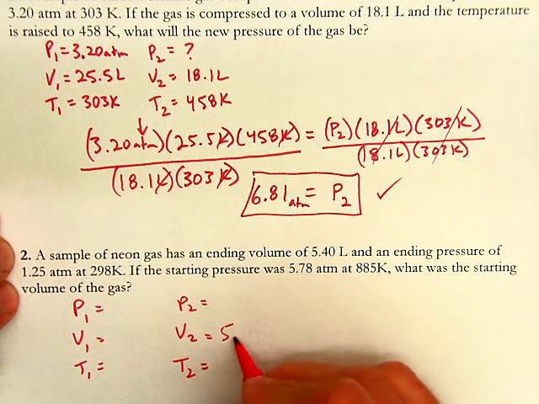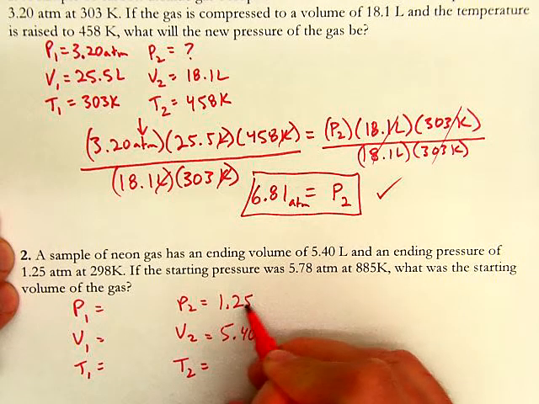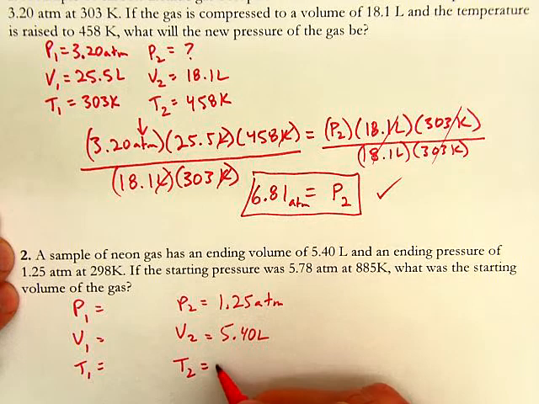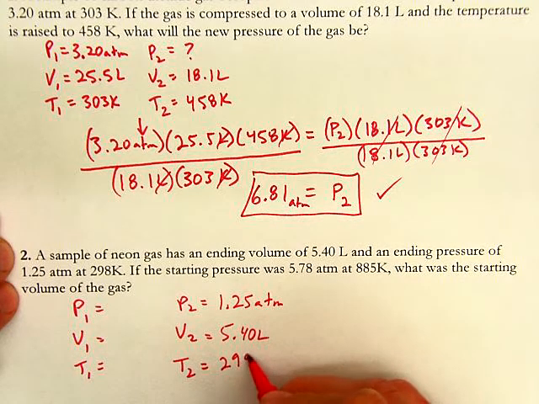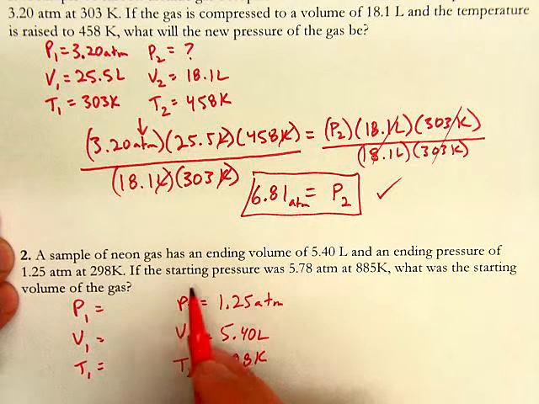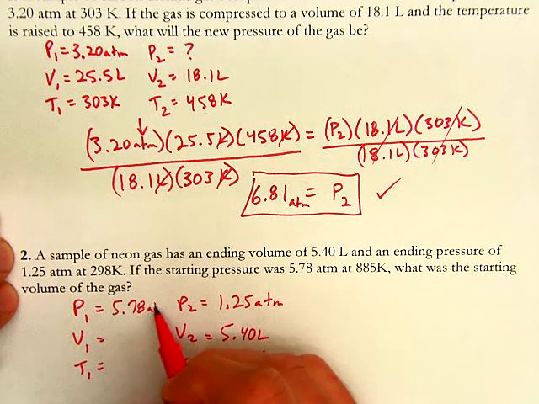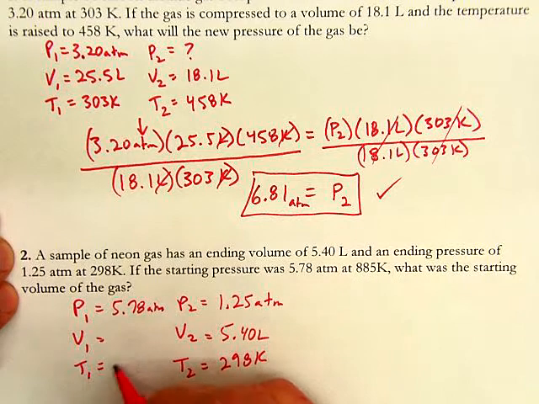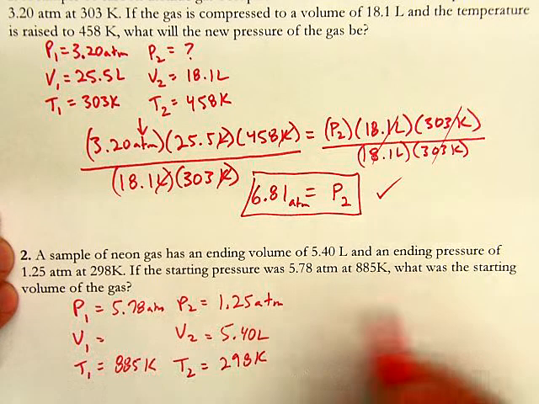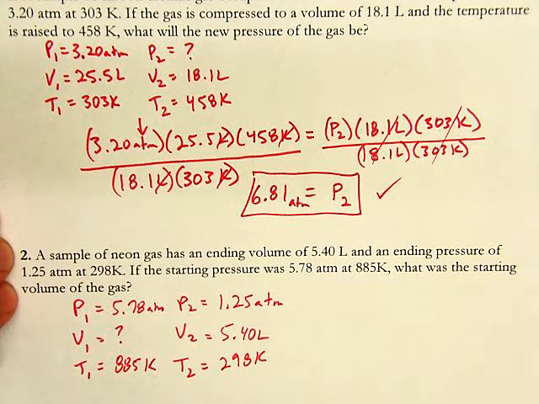So this is 5.4 liters and ending pressure of 1.25 atm and the ending temperature was 298 Kelvin. If the starting pressure was 5.78 atm at 885 Kelvin, what was the starting volume of the gas? So this is what we don't know, V1. That's our starting volume of the gas.